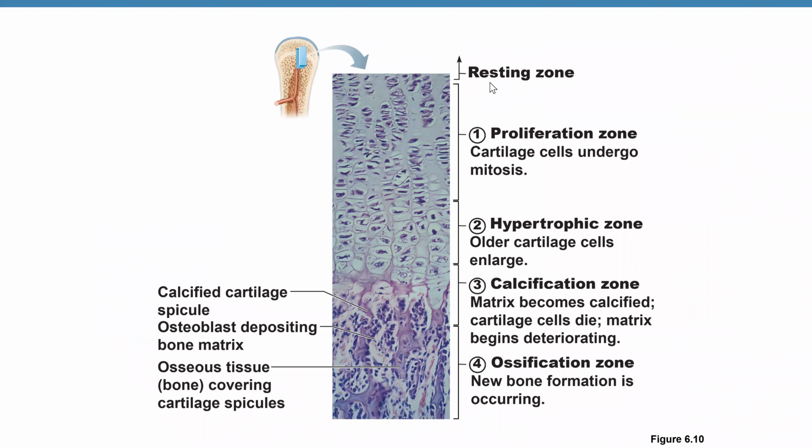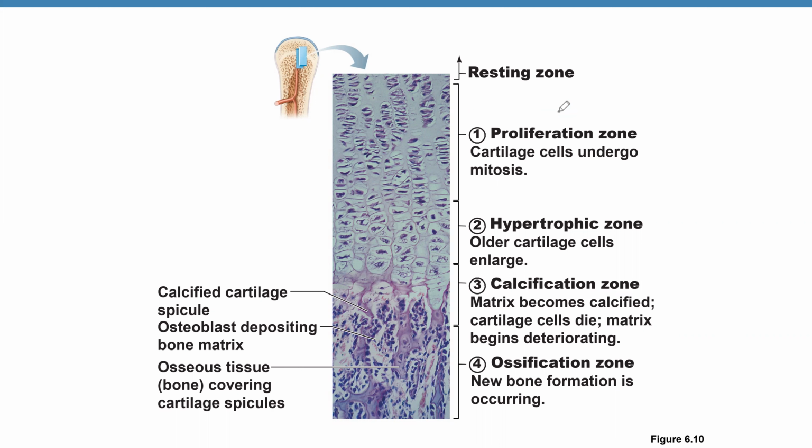So here we have our resting cartilage, and you will see just chondrocytes inside the lacunae and matrix. So it's similar to hyaline cartilage. Then the proliferation zone: cartilage cells undergo mitosis. Proliferation means we have more, right? So cells divide, forming new cells.